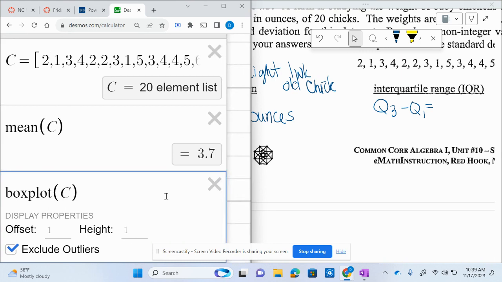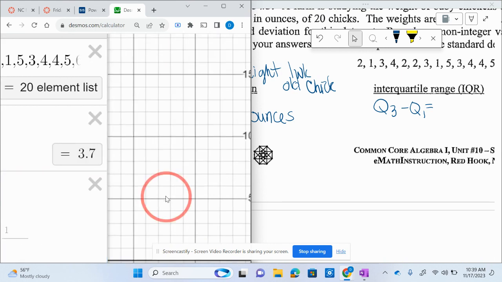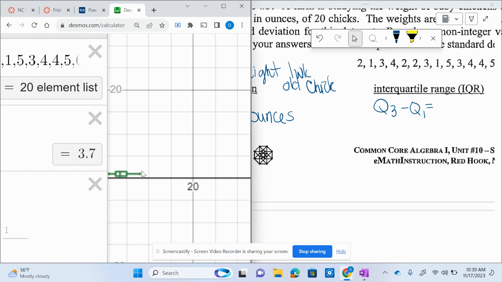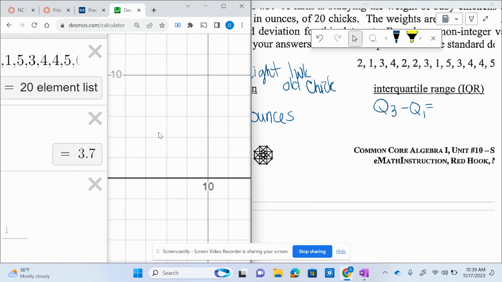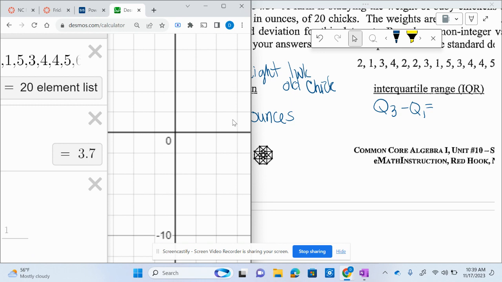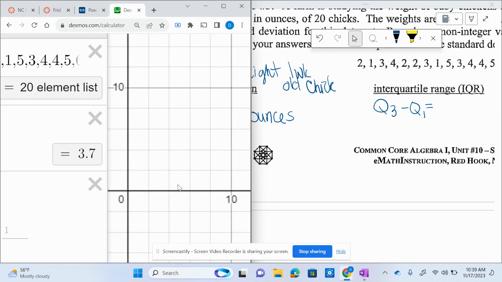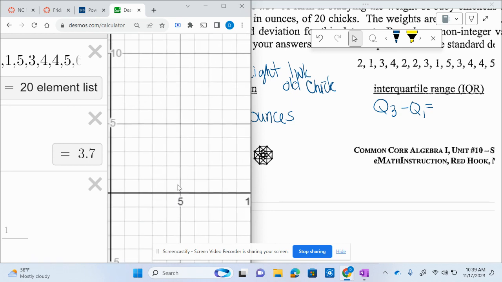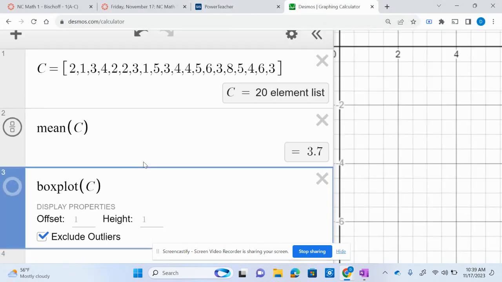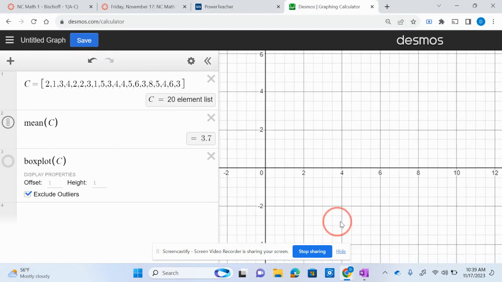And now I need to look at my box plot, so I need to scroll over to where it lives. I'm going to make it a little bit bigger so we can see some numbers. Okay, maybe not. Sorry, guys. Where's our box plot?